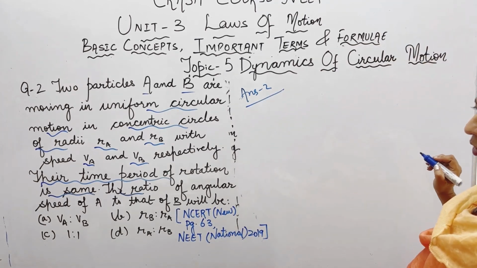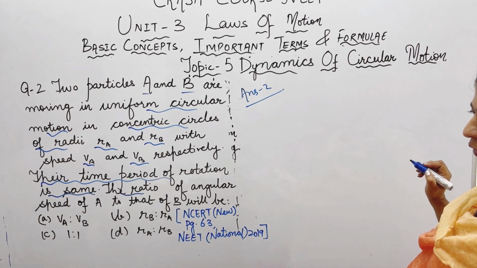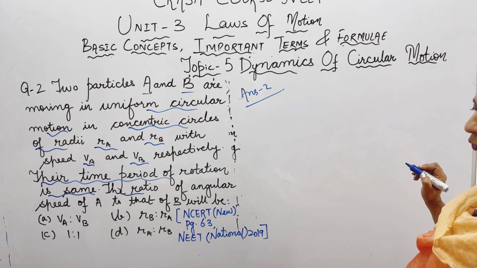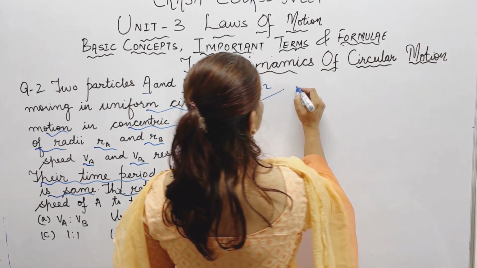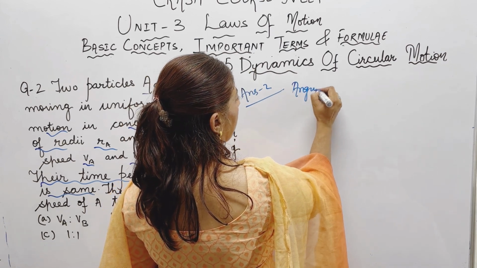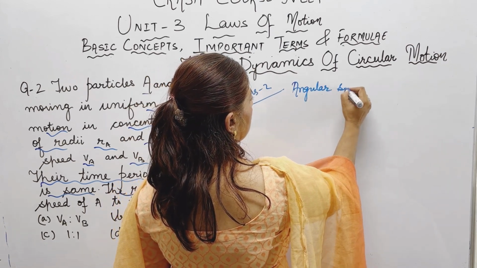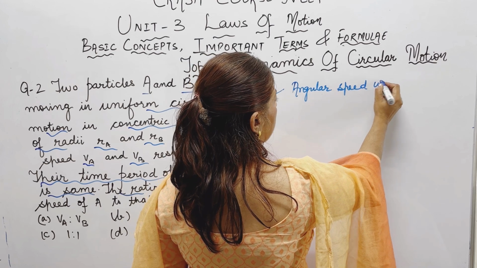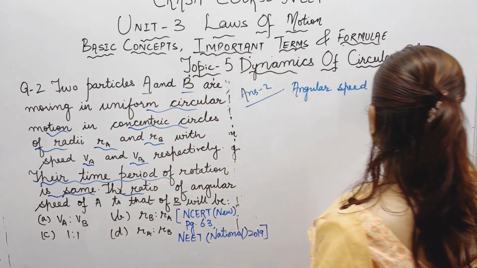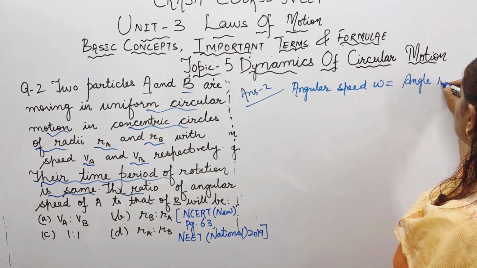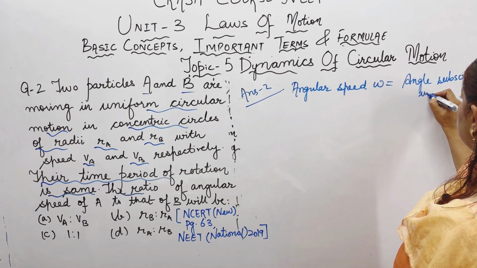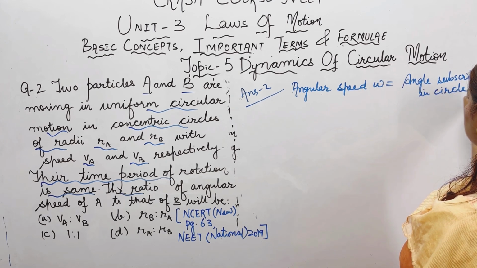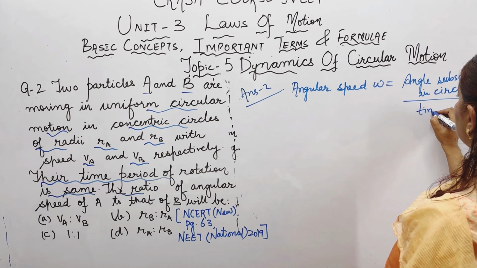We are talking about the time period of rotation and the ratio of the angular speed. In case of a circular motion, the angular speed, denoted by omega, is equal to the angle subtended in the circle over time. This is the formula.